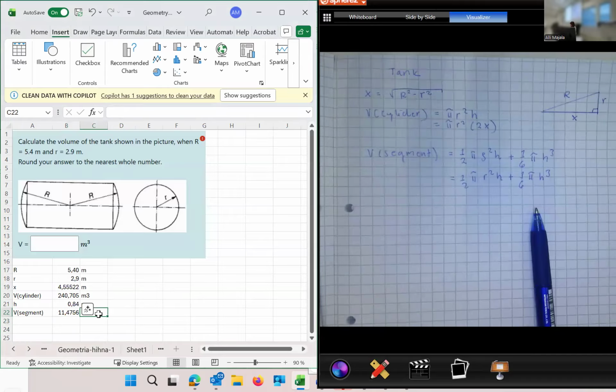This is now in cubic meters. So the cylinder, of course, was a lot more than the heads. Maybe this makes sense. And now the volume of the tank is then this cylinder volume plus 2 heads, yeah?